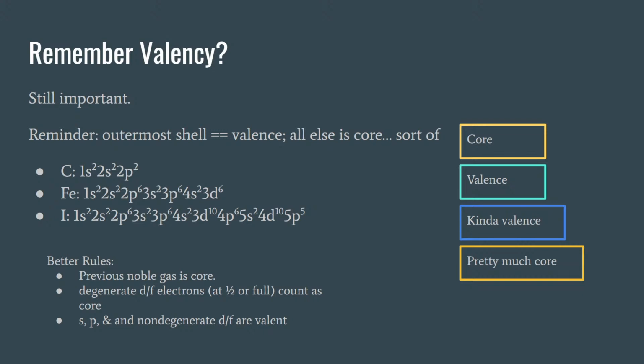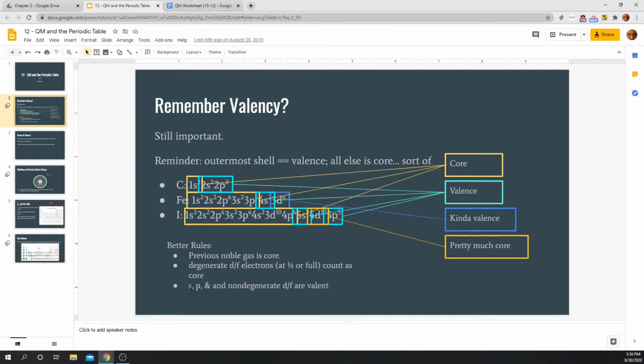S and p electrons in the outermost level are definitely valent. And I want to go ahead and edit this slide.